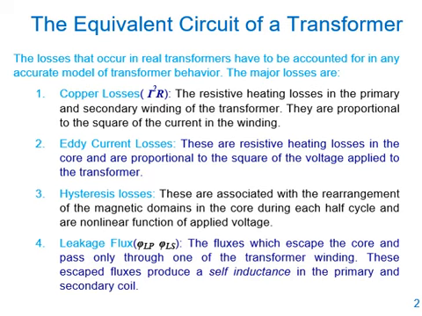So in the ideal transformer we had supposed that there are no losses in the transformer, but in a real transformer there are a number of losses. So the main four losses we include over here in the slide. The first one is the copper losses.